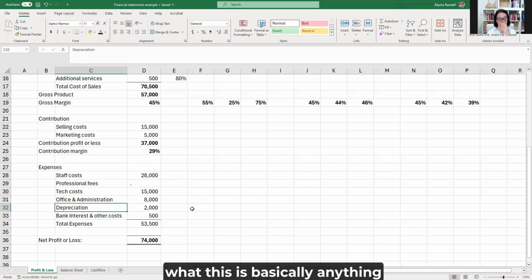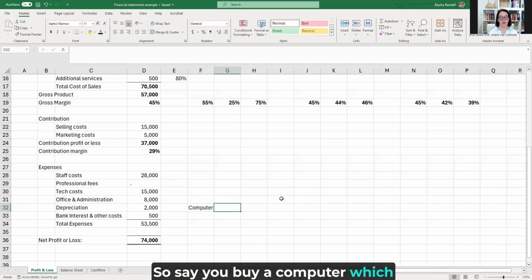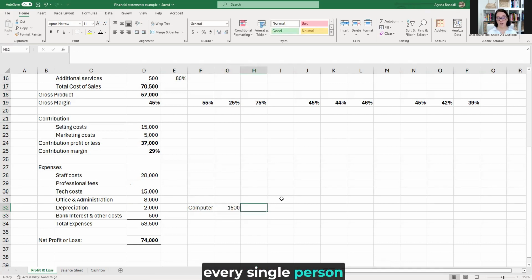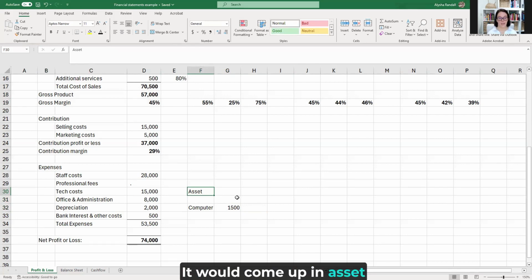Depreciation, if you don't know what this is, basically anything that you buy, so say you buy a computer which costs £1,500 or dollars for every single person in your company. So you will buy that £1,500. And generally, instead of just seeing this as an expense and putting it through your P&L, you would see this as an asset. It would come up as an asset in your balance sheet, which I'll do next.